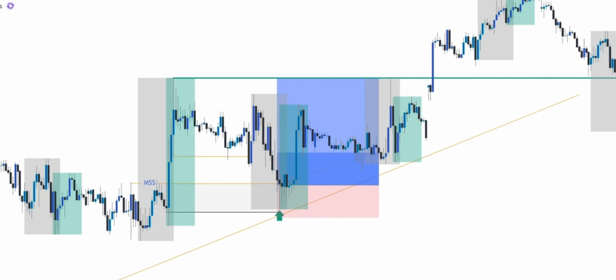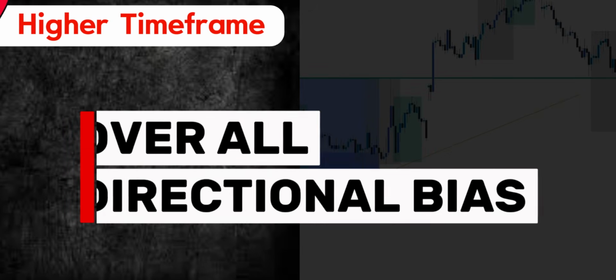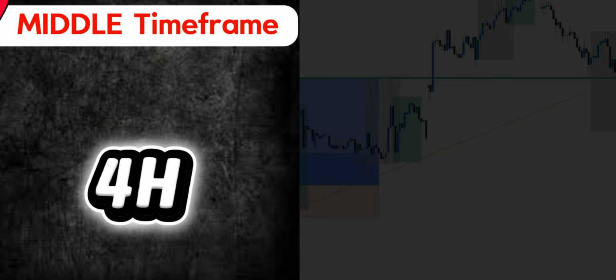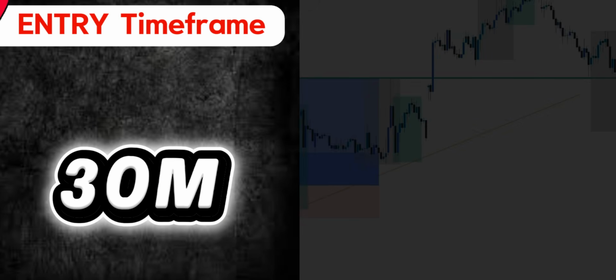So that's basically it for this particular strategy. A quick recap: first, we go to the higher time frame, which is the daily time frame, to consider our overall directional bias. Then we come down to the 4 hour time frame to confirm our current directional bias, the current trend of the market on the 4 hour time frame. Then on the 30 minute time frame is where we do the work.